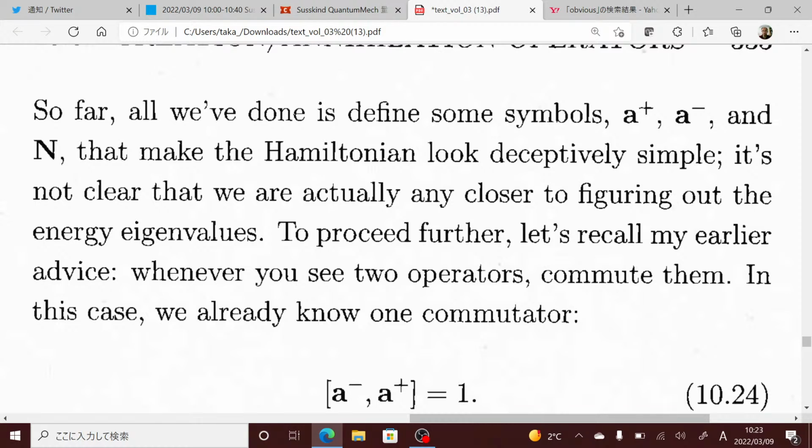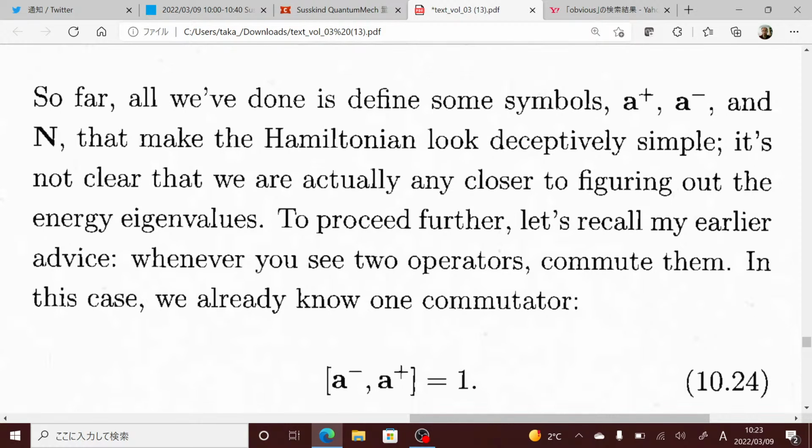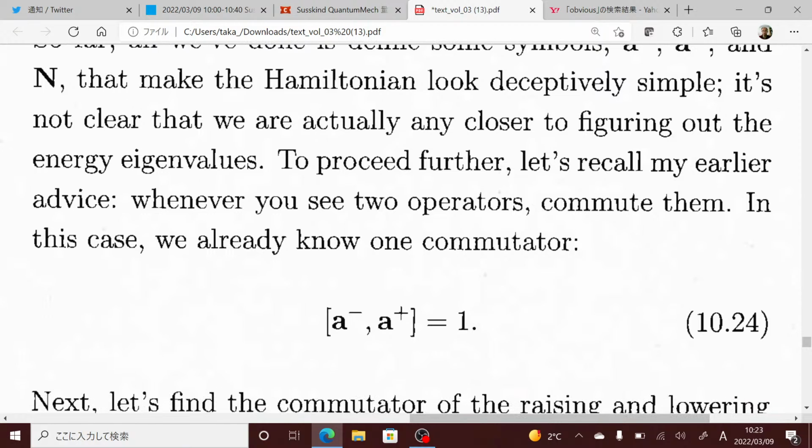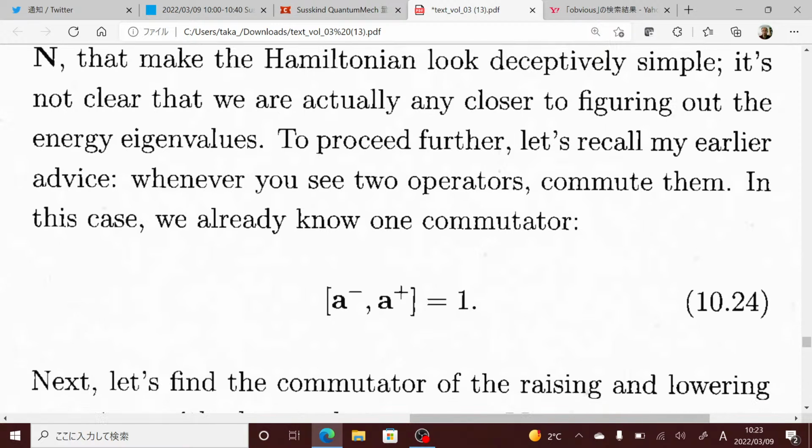It's not clear that we are actually any closer to figuring out the energy eigenvalues. To proceed further, let's recall my earlier advice. Whenever you see two operators, commute them.